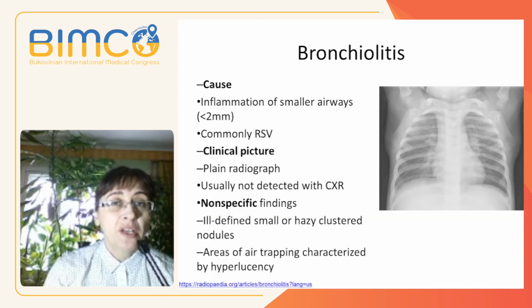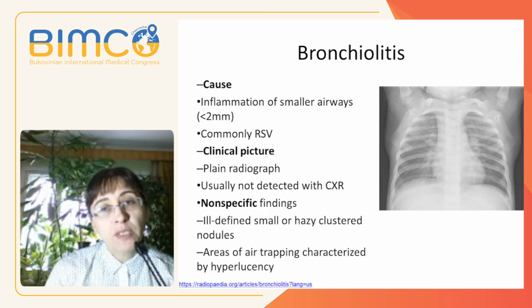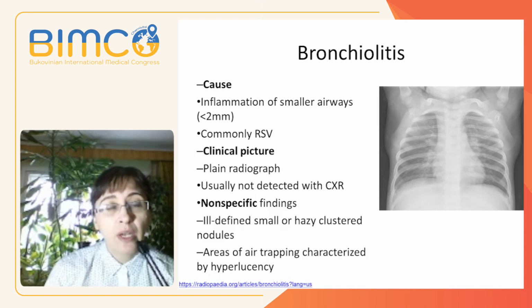We have seen the child demonstrates respiratory distress caused by wheezing, tachypnea, retractions, nasal flaring, and all these symptoms may be caused by bronchial obstruction, most often at this age bronchiolitis or another obstructive bronchitis or bronchial asthma.